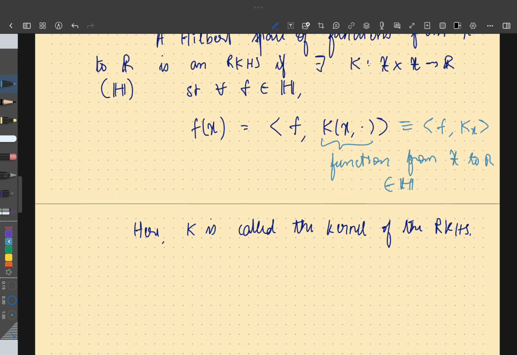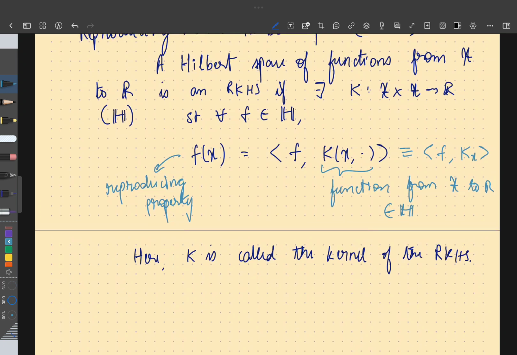And this property, that the evaluation of f corresponds to an inner product in this feature space, is called the reproducing property. The reason why this reproducing property is useful to us as machine learning practitioners is that f of x could potentially be a nonlinear function applied on x.